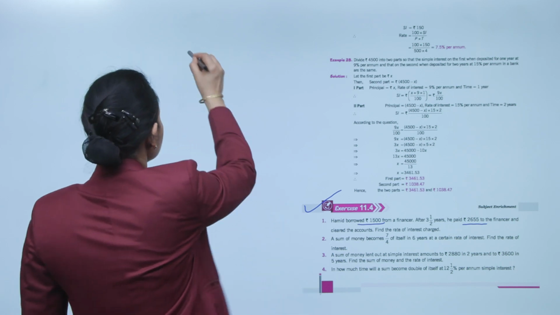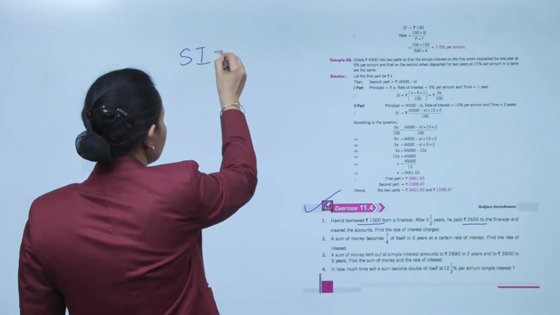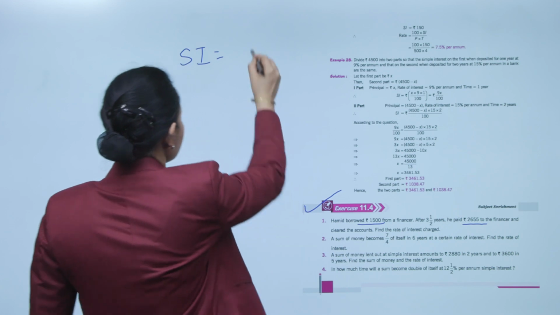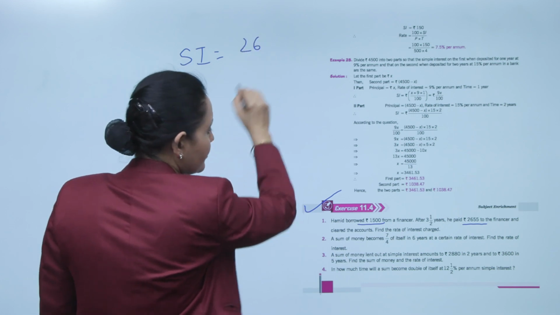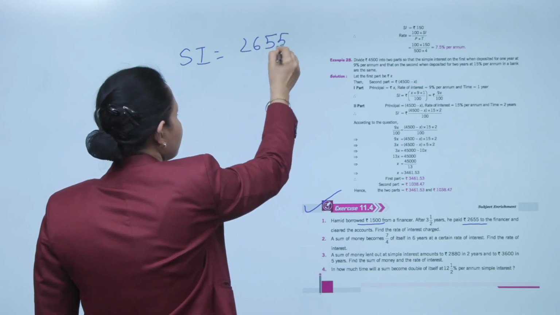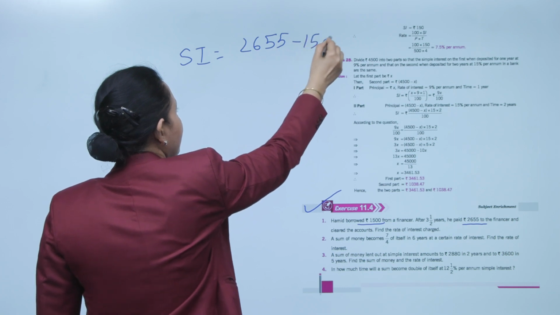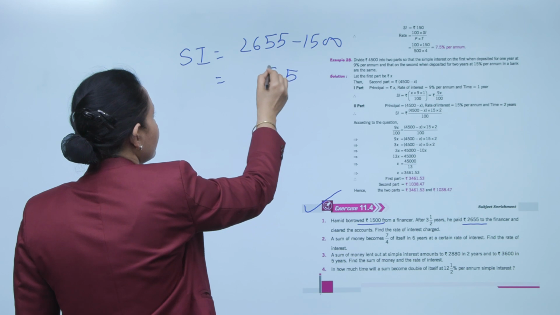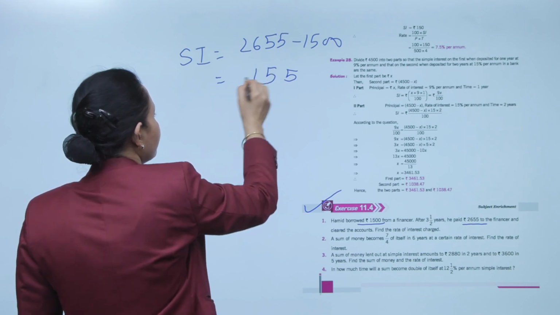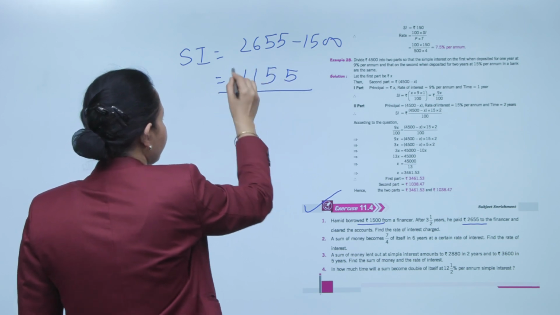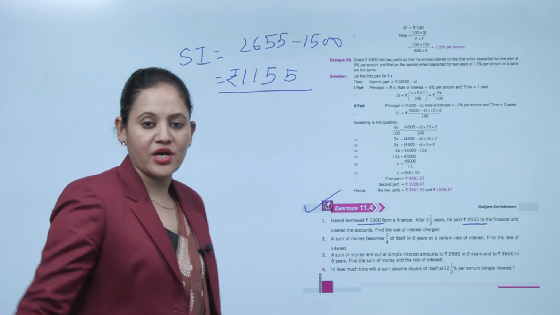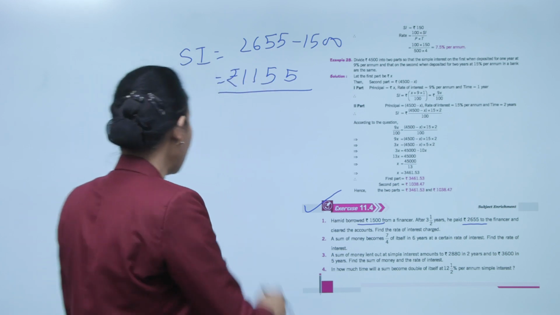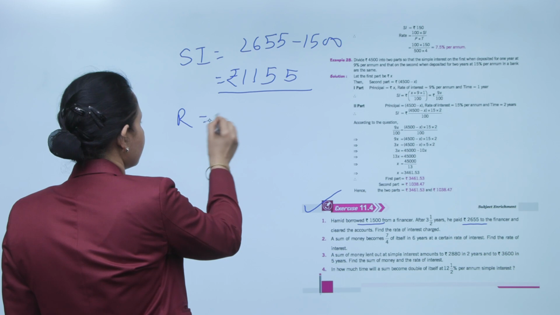So simple interest is 2,655 minus 1,500, that is equal to rupees 1,155.